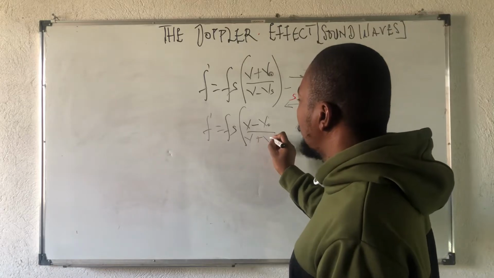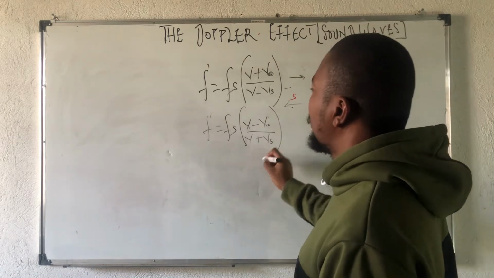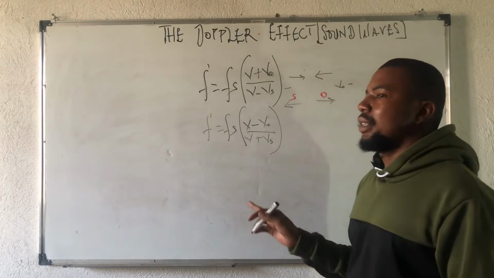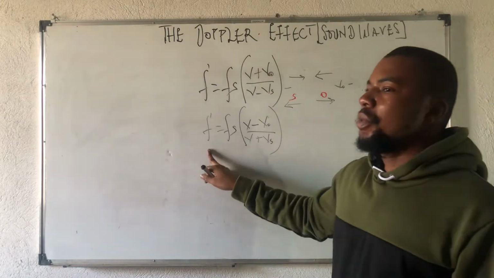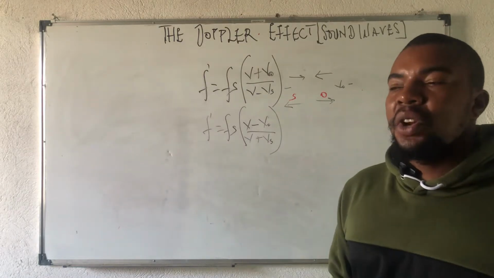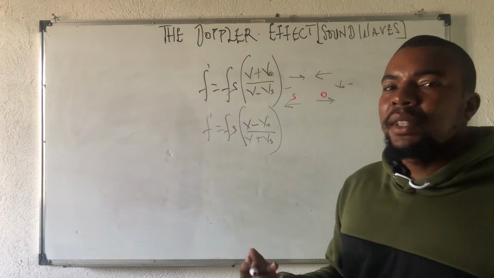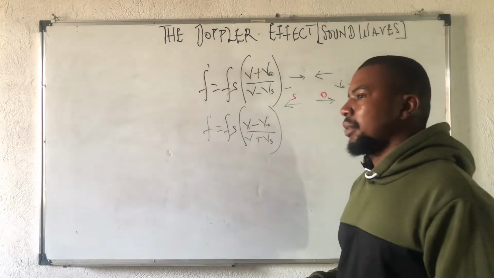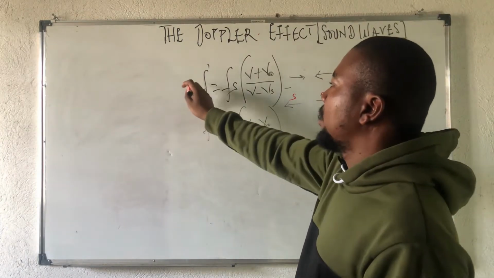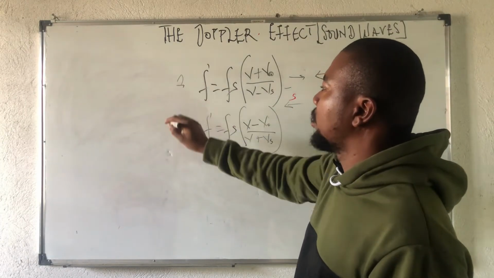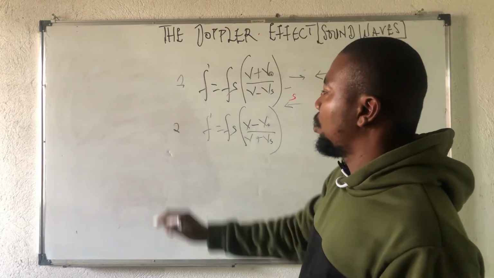So you now have this very formula. This is used to calculate the apparent frequency when the observer and source are moving away from each other at the same time, or simultaneously. So we can say that this is our case 1, this is our case 2.